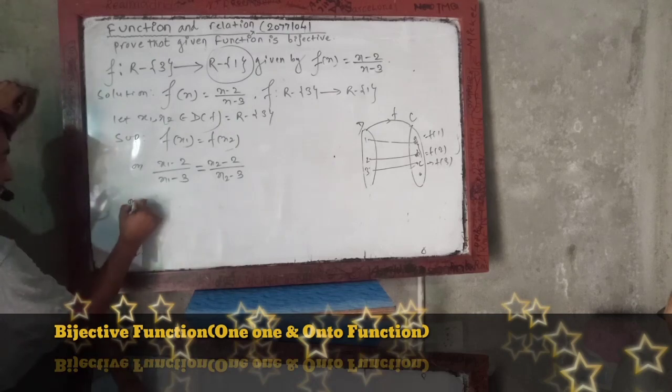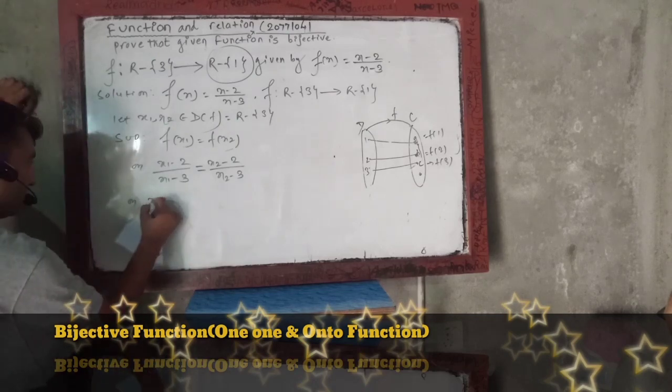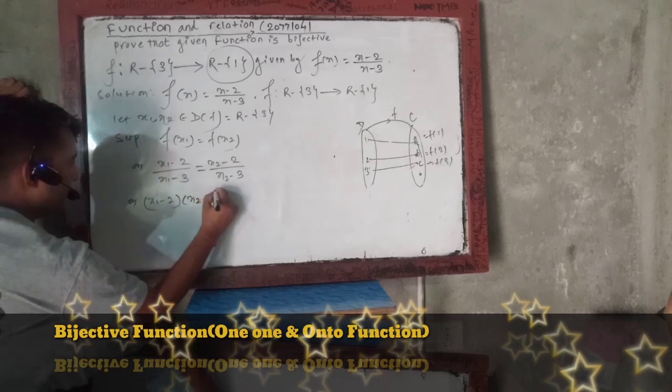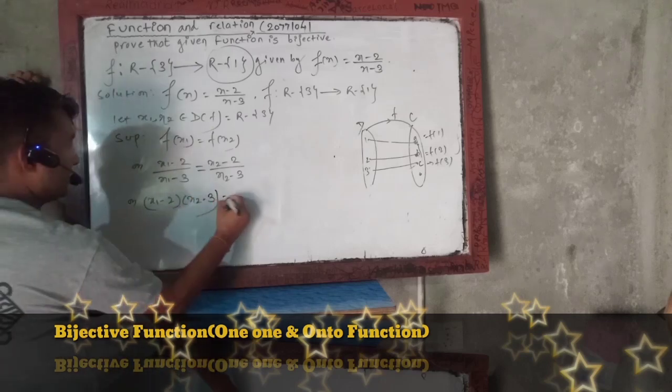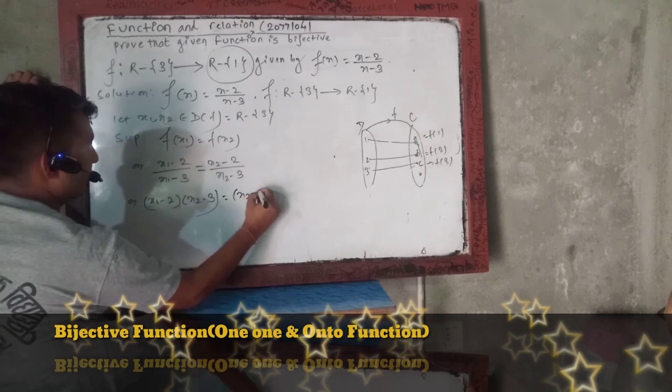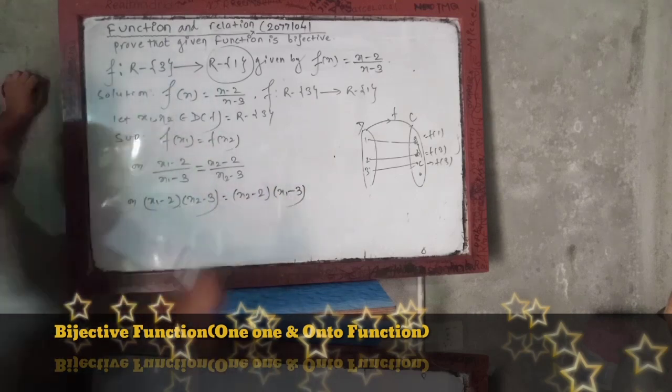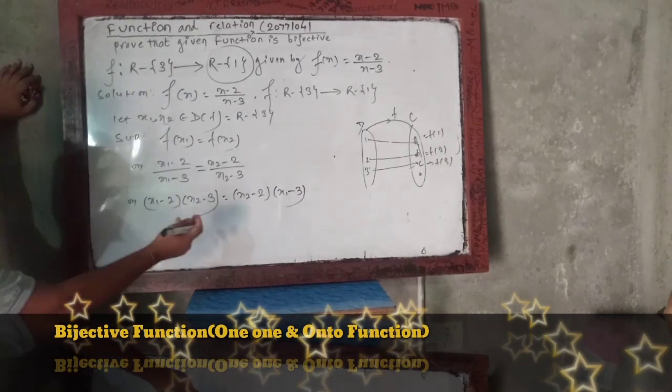So we now simplify. x1 minus 2 times x2 minus 3 is equal to x2 minus 2 times x1 minus 3, right? By cross multiplying this came to happen here.